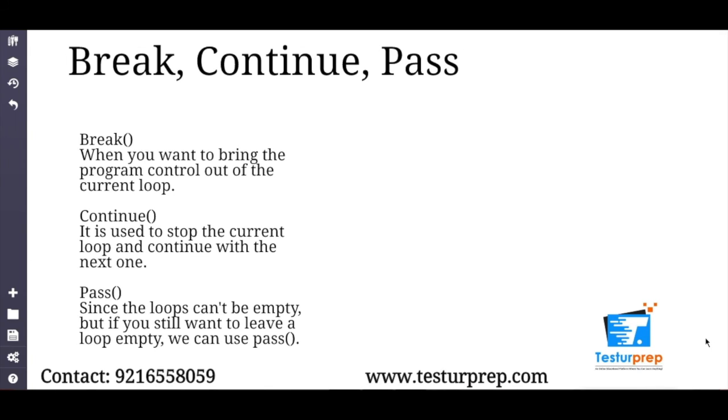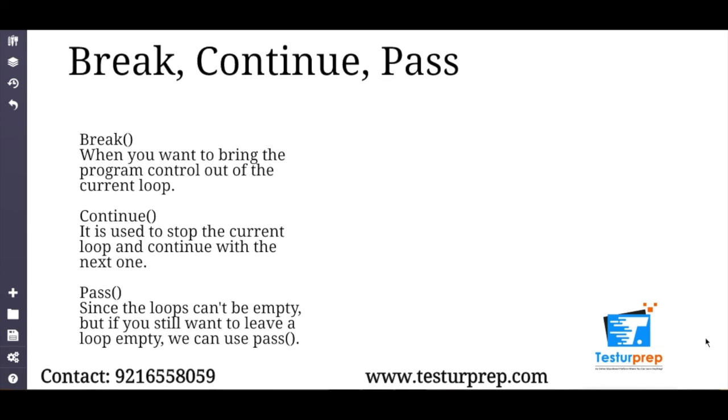Now moving on to break, continue and pass. Break is used when you want to bring the program control out of the current loop. If I'm using multiple if statements or multiple for loops and I'm nesting them, and I want to bring the program control out of a particular loop and move on to the next one, I will be using break.